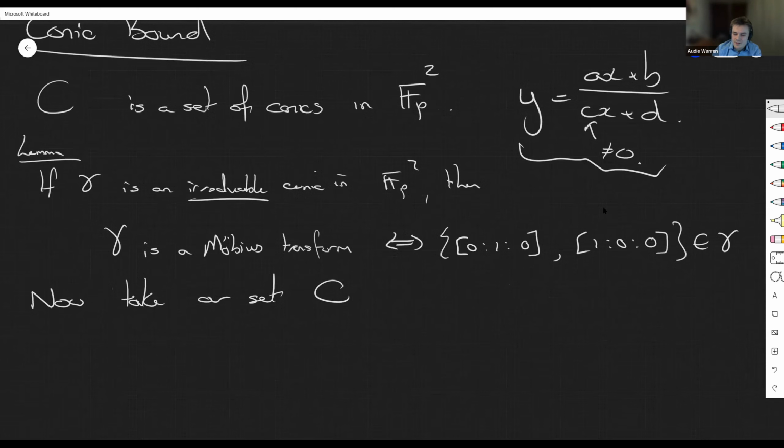Now, the process is similar to what it was before, but simpler, I would say. So if I draw another picture here, we have a set of conics in general. So we might have some hyperbolas, we might have some circles or ellipses, we might have some parabolas, whatever we happen to have. And we also have a set of points.